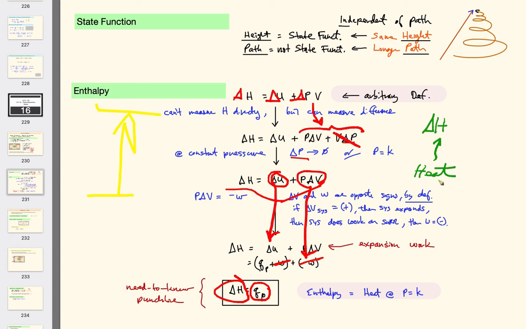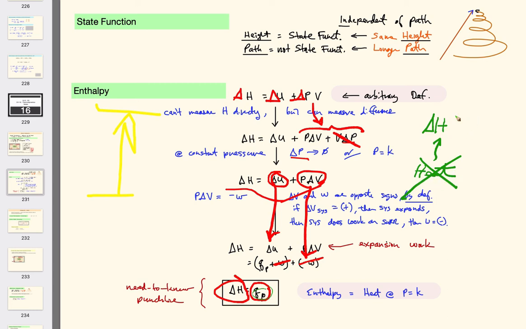Well, that's not true. But it is true under the context that I gave, because in 1411 and intro chem, in every case, I give them problems that only occur under constant pressure. And if you're under constant pressure, then indeed delta H is always just equal to heat. So this is actually true at constant pressure, but it's not true universally.